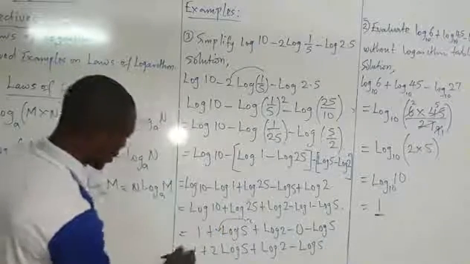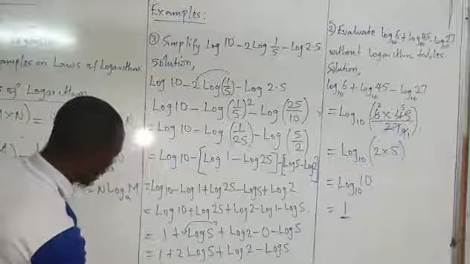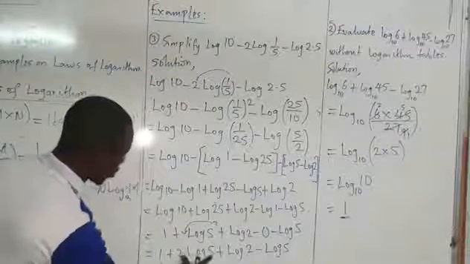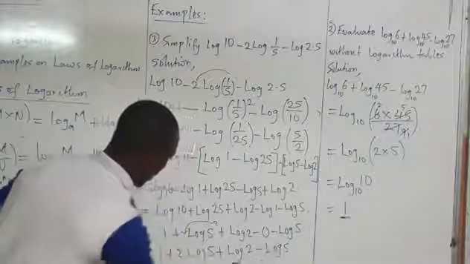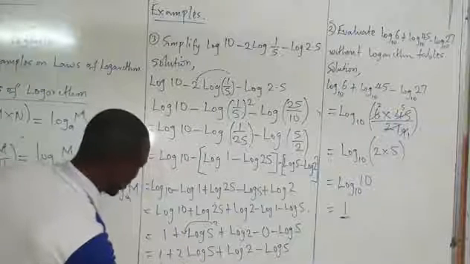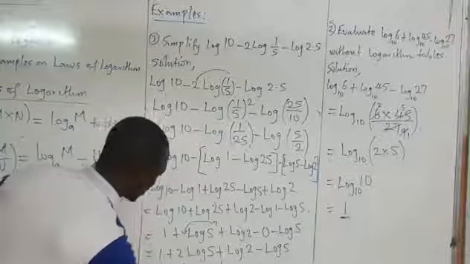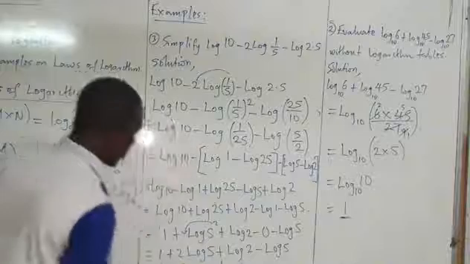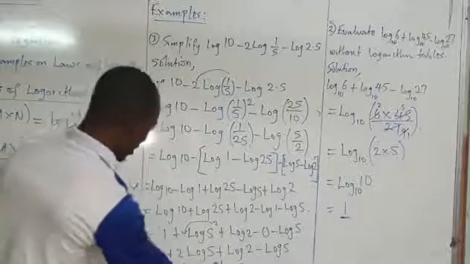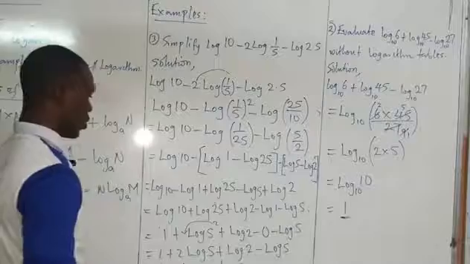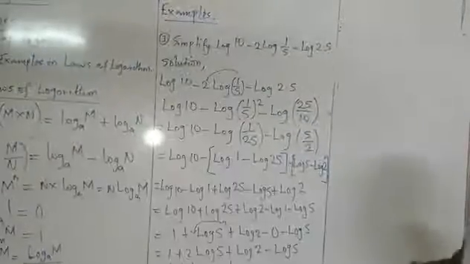Then if you collect the like terms, we have 1 plus 2 log 5 minus log 5. That is log 5 plus log 2. So from here now, you can just factor out these two logs.